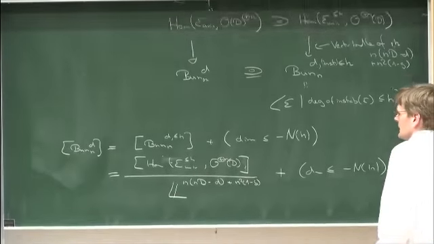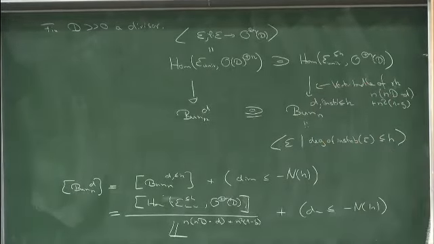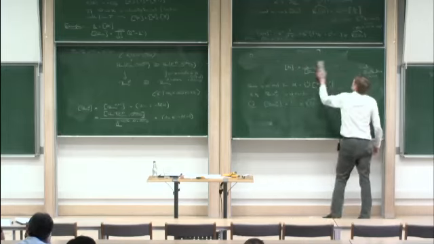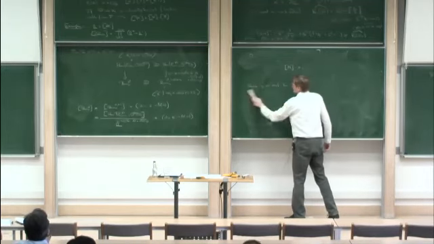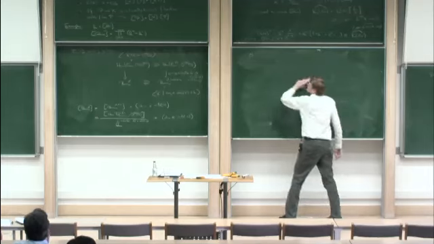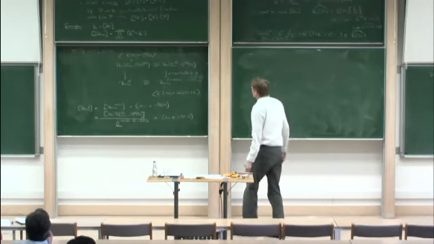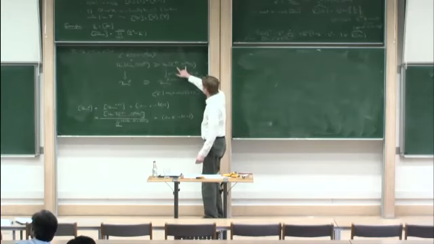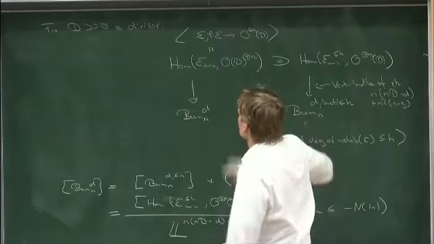Now I claim that I can play the same trick upstairs with a slightly weaker bound, but I don't care. Now, why is this class easier to compute?